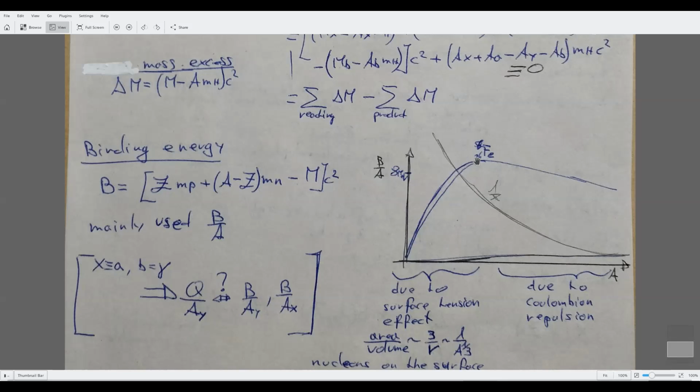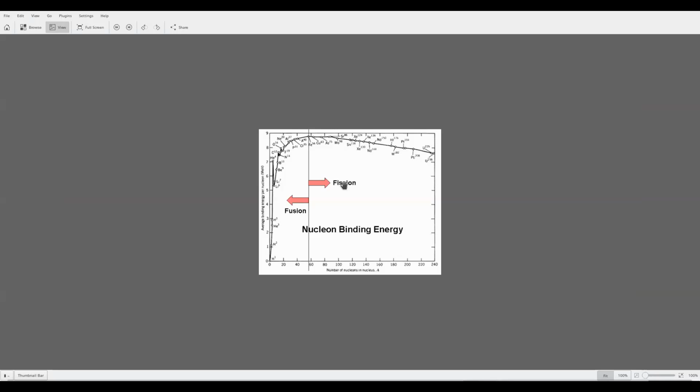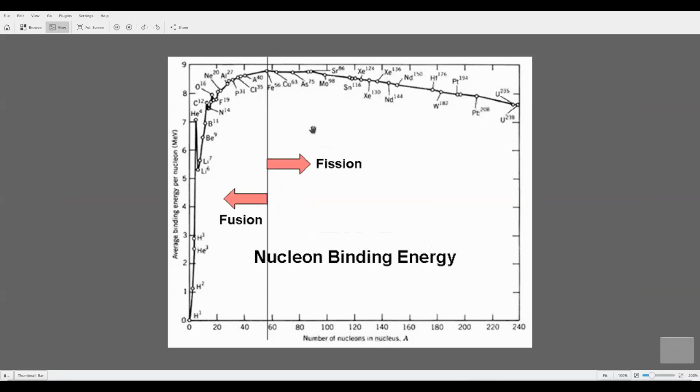So easily you can see here, when you are producing iron, you still have a little production of energy. Yeah, it's clear.